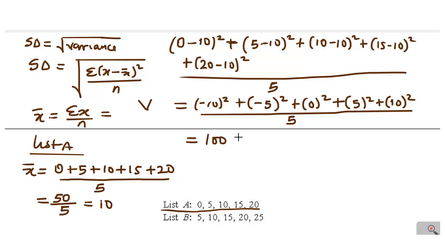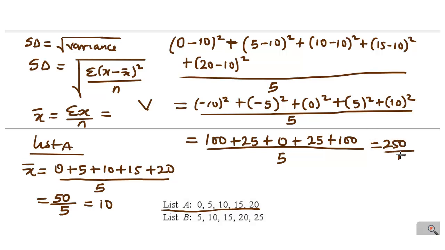Then minus 5 squared gives 25, plus 0 squared is 0, plus 5 squared is 25, plus 10 squared is 100, everything divided by 5. 100 plus 25 is 125, plus 25 is 150, plus 100 is 250. So 250 divided by 5 will give us 50.